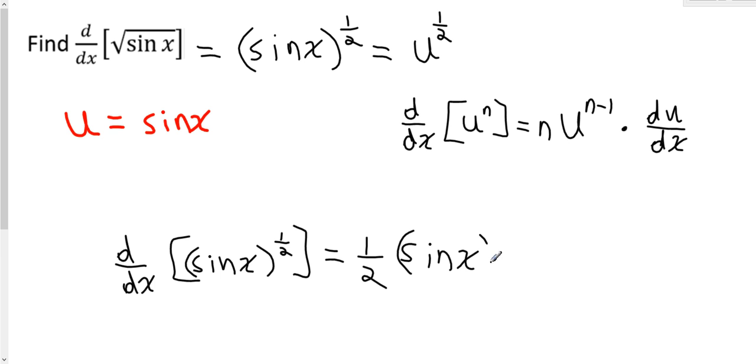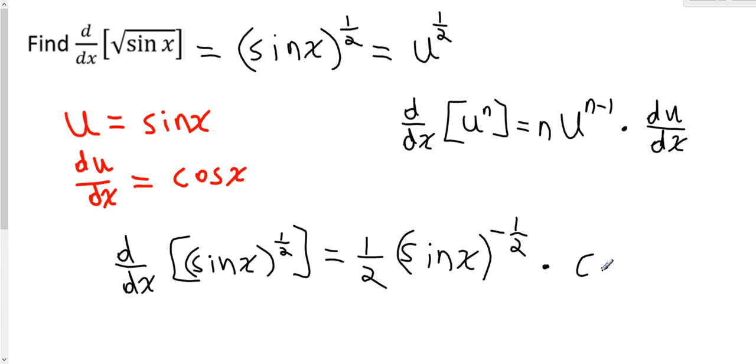Well, n minus 1 is 1/2 minus 1, which is negative 1/2, and then multiplied by the derivative of u with respect to x. Well, the derivative of sine of x is cosine of x. So I'm going to multiply this then by the cosine of x.